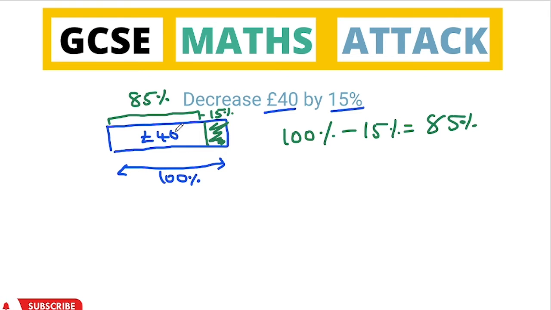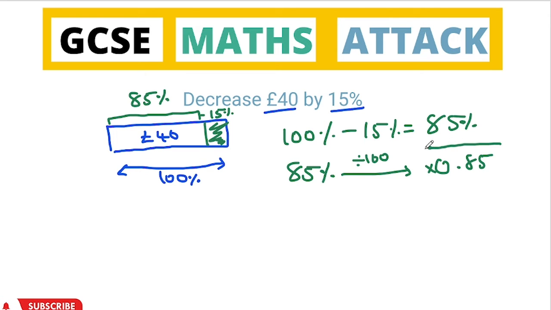Now we're going to change this into our multiplier. In order to change a percentage into a multiplier, I must divide by 100. This gives me 0.85, so my multiplier is 0.85.